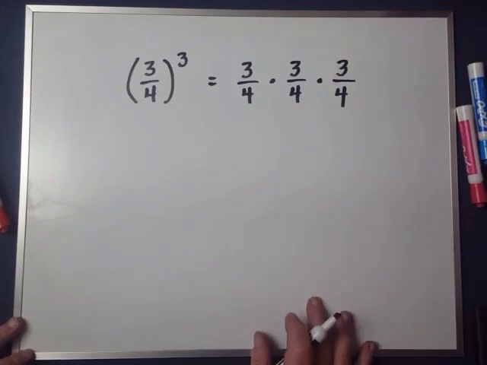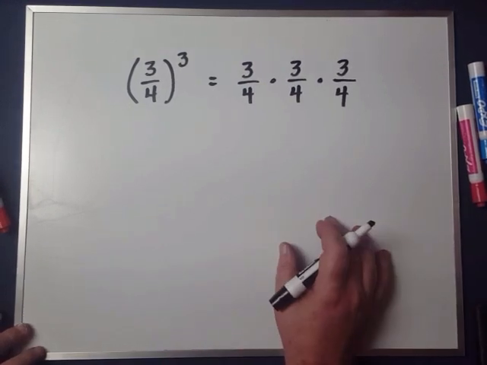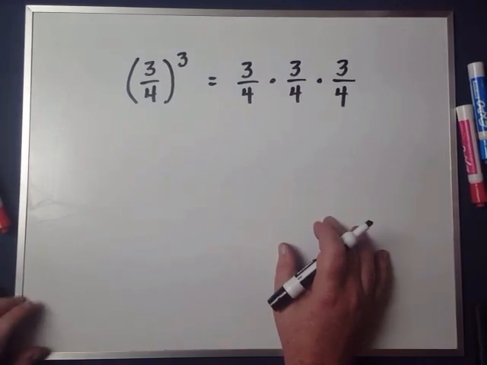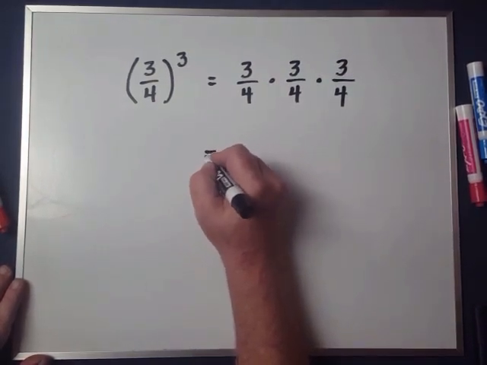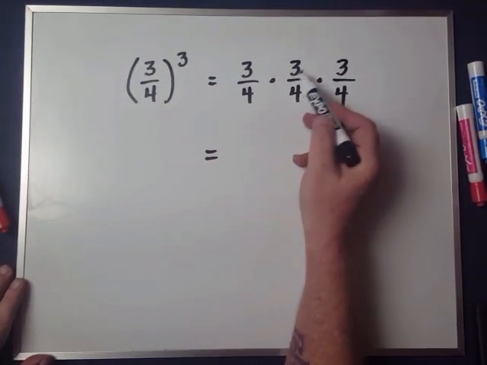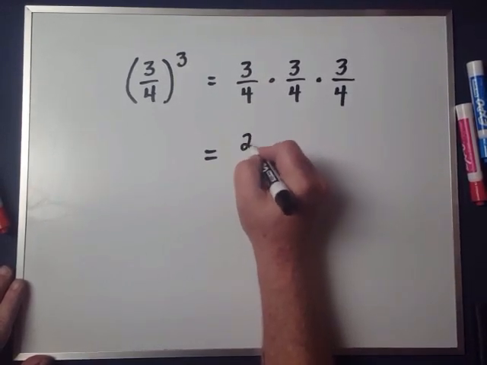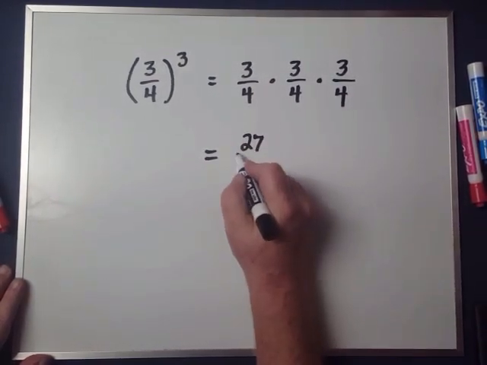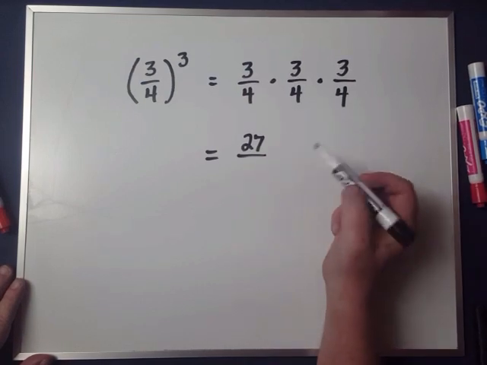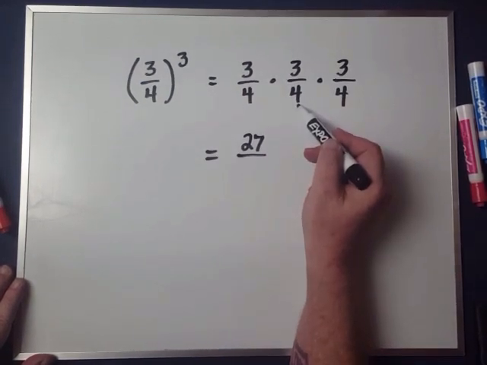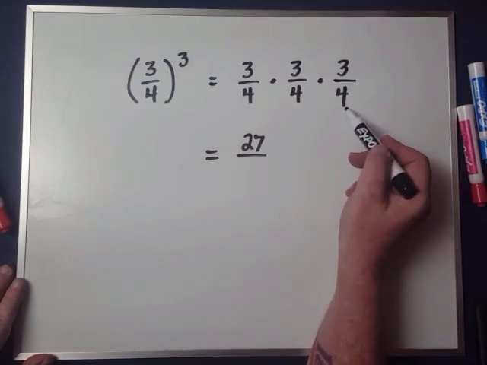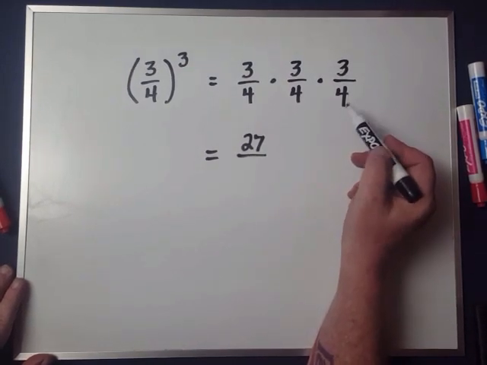Recall that to multiply fractions, we multiply the tops and we multiply the bottoms. And so here, across the top, 3 times 3 times 3. 3 times 3 is 9, times 3 is 27. And in my denominators, 4 times 4 times 4. 4 times 4 is 16. And 16 times 4, 64.